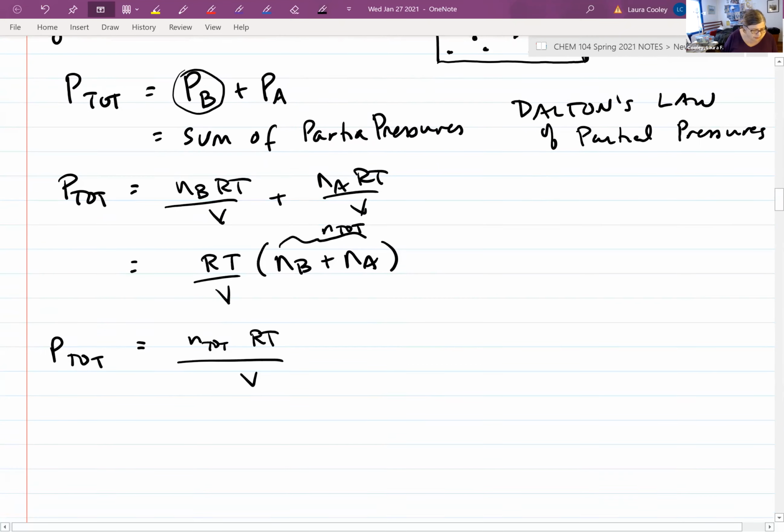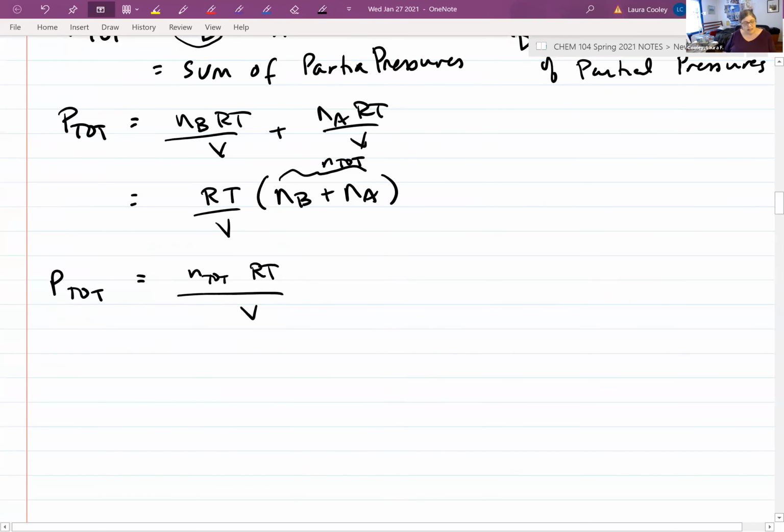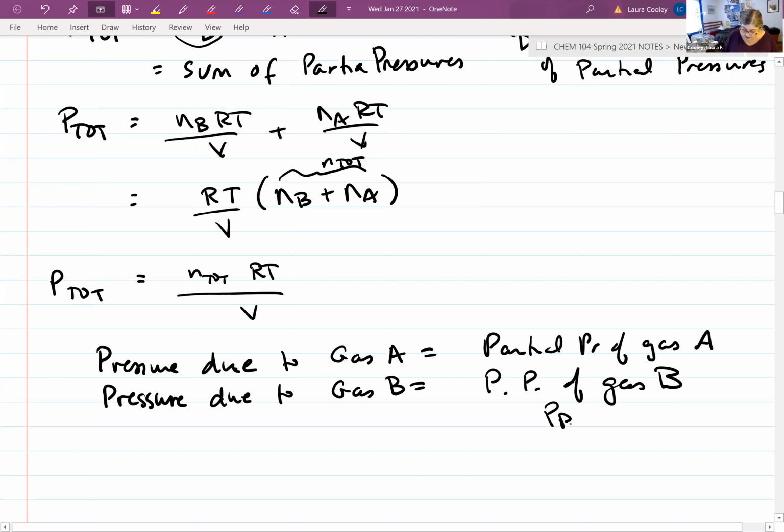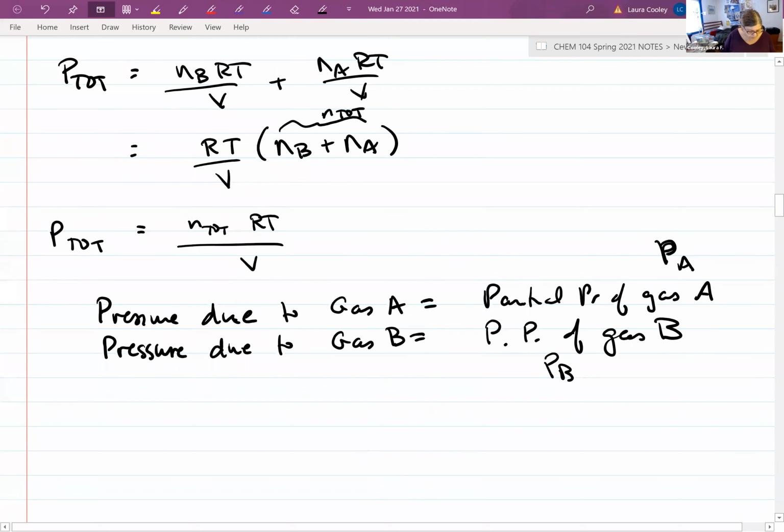So whenever you have 2 or more gases present, we talk about the pressure due to gas A, and we call that the partial pressure of gas A. And we also have the pressure due to gas B, which is the partial pressure of gas B. PB and PA add up to the total pressure.